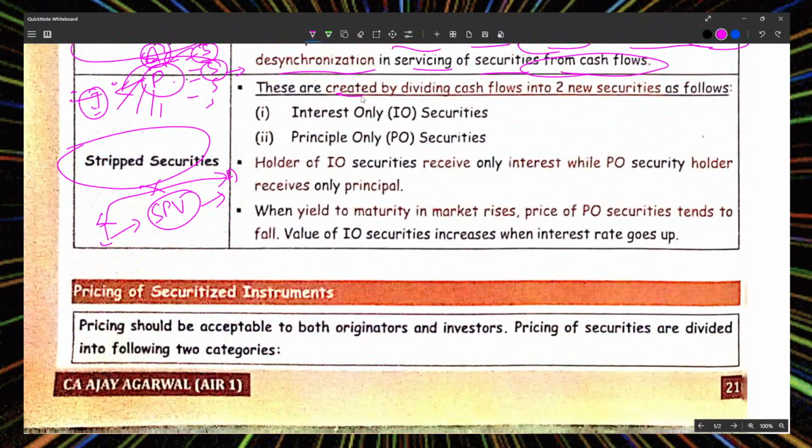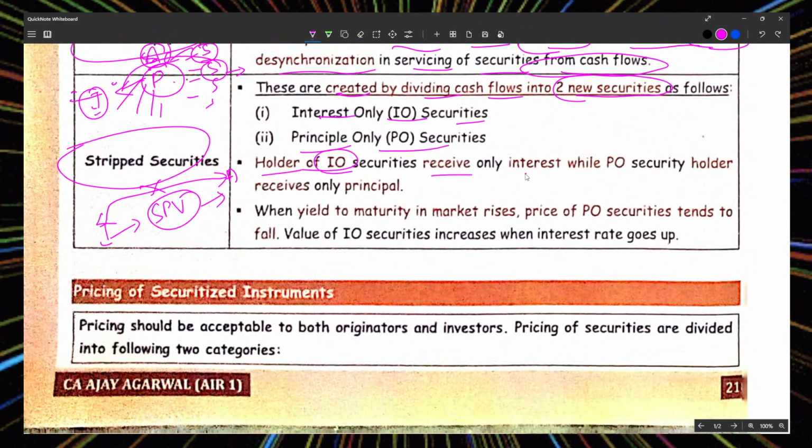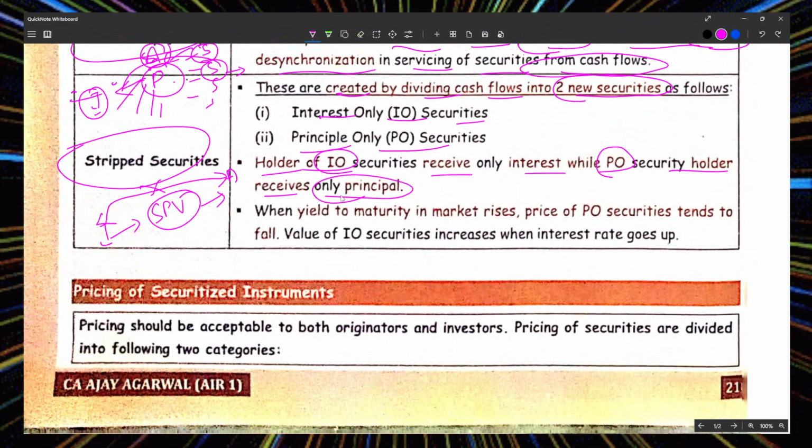Stripped securities. These are created by dividing cash flow into two securities, named interest only securities and principal only securities. The holder of an interest only security receives only interest, while the principal only security holder receives only principal.